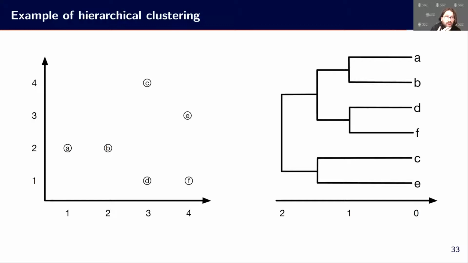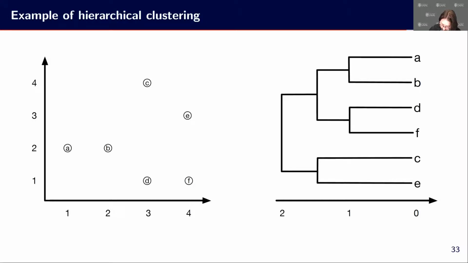Now if we apply hierarchical clustering here, with the agglomerative approach and single linkage, so the minimum distance between samples from one group to another, we have these results on the right. We should maybe look at the results from right to left.